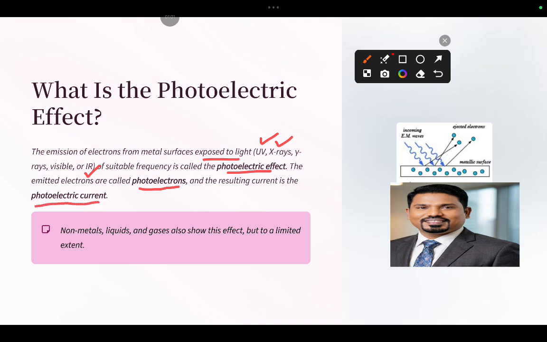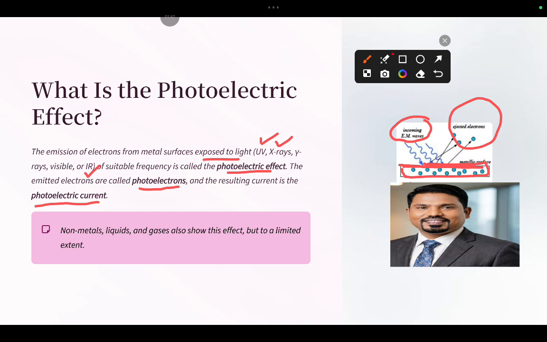You can see here, this is a metal surface. Upon this metal, a suitable frequency of light such as UV, X-rays, gamma, visible, which we consider as incoming electromagnetic waves, incident on the metal surface, then electrons are emitted, and this is called the photoelectric effect.